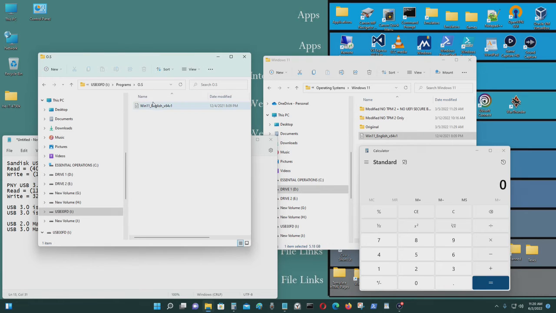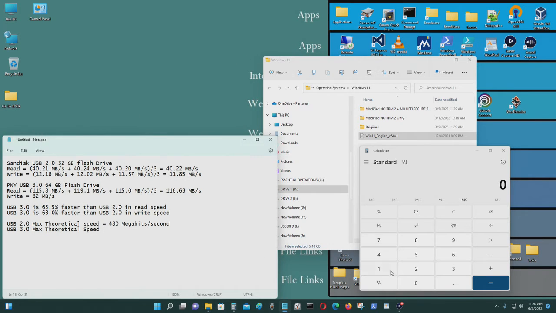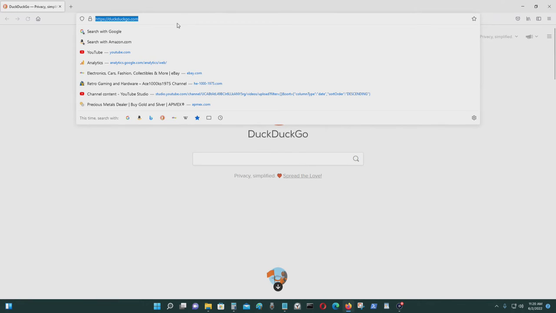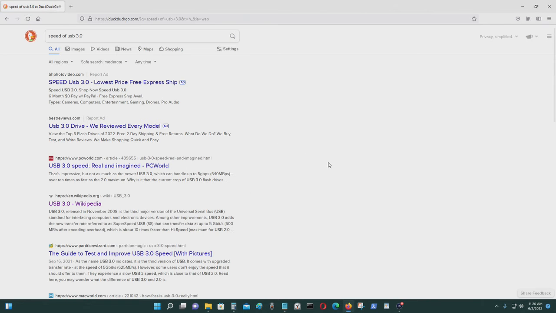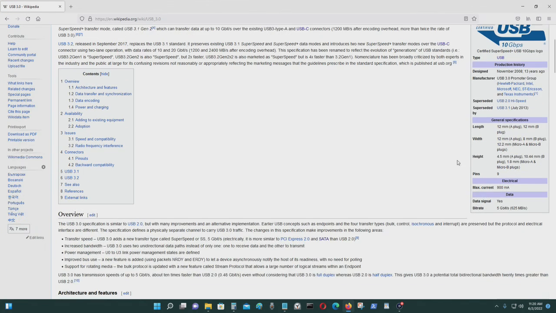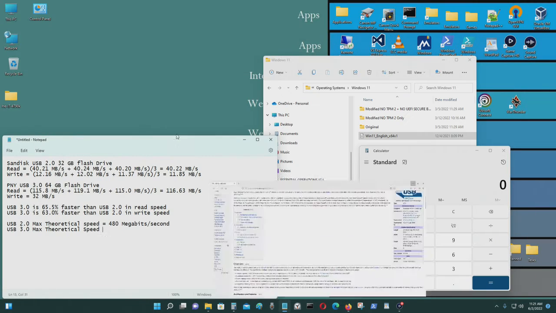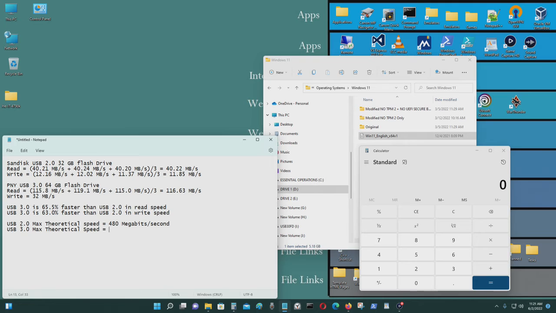Okay, completed transferring that large file. And I want to find out what the theoretical USB 3.0 is. It says 5 gigabits per second, so that's 5,000 megabits.